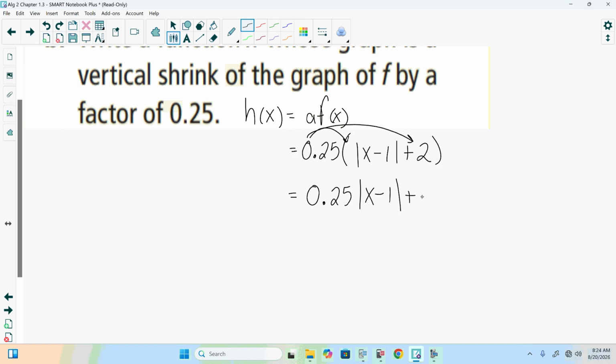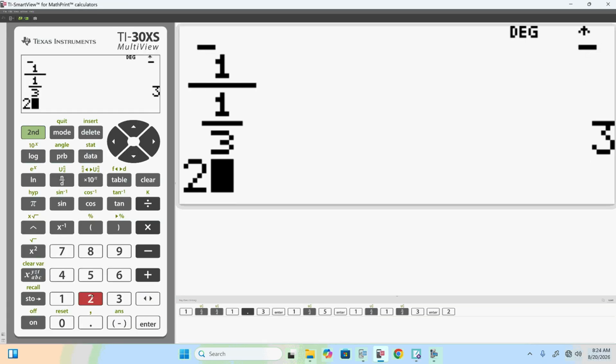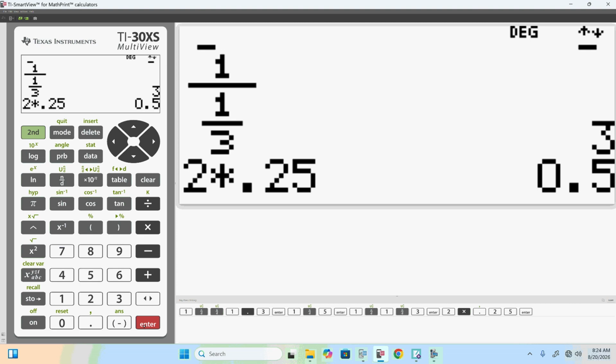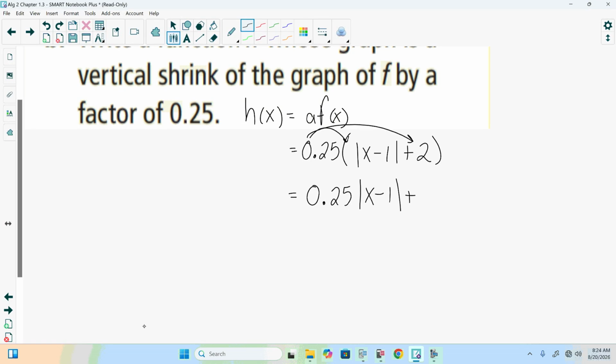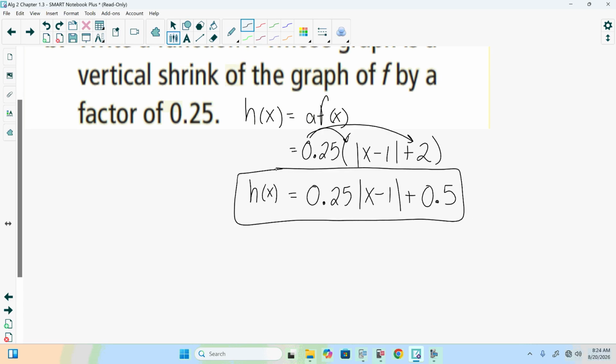But we also have to multiply the 0.25 by the 2. 2 times 0.25, 0.5.